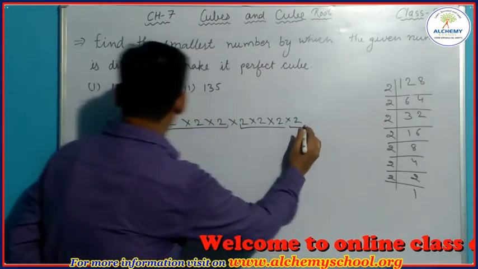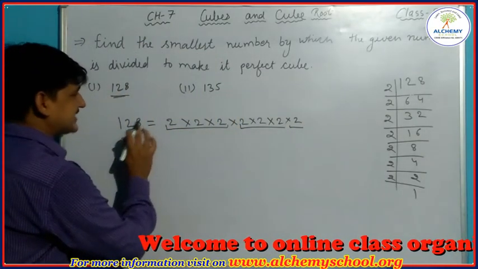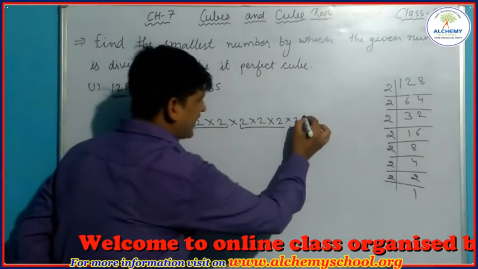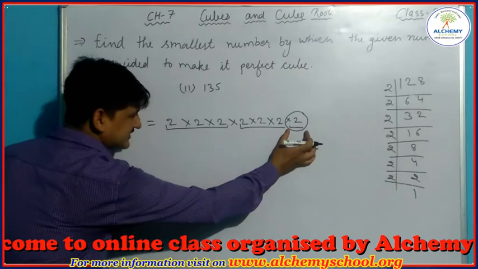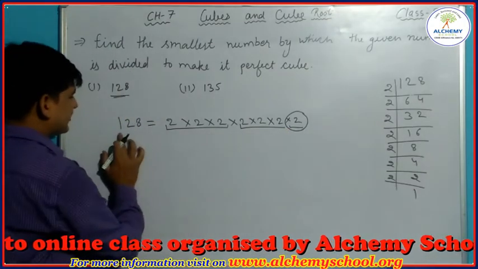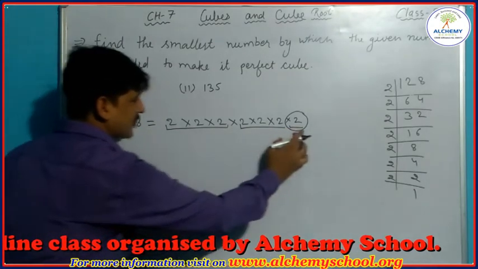So if you want to make 128 a perfect cube, you have to exclude this 2 from the factors. To exclude this 2 from the factors, we have to divide 128 by 2.